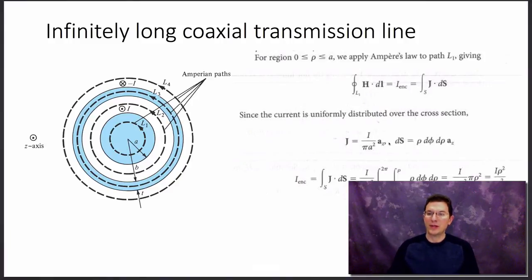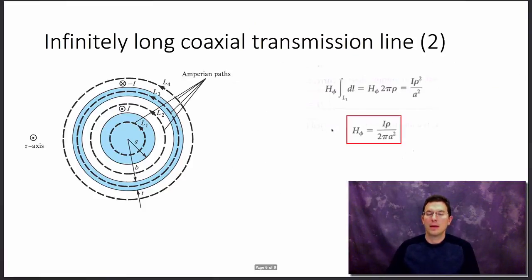Okay, so basically we've worked on the right-hand side of this equation. Now we have to go back and work on the left-hand side. Again, when we're integrating H phi, we did this before over this little line here of a particular radius rho. You can set up the integral.